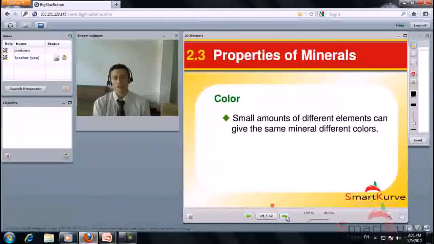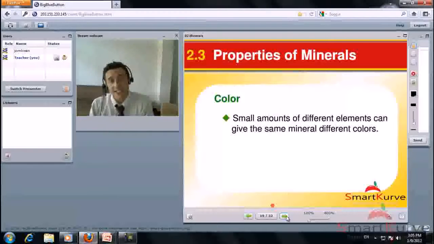Small amounts of different elements can give the same mineral different colors. For example, feldspar, which is the most common mineral on the planet. It is a silicate, meaning it always contains silicon and oxygen.